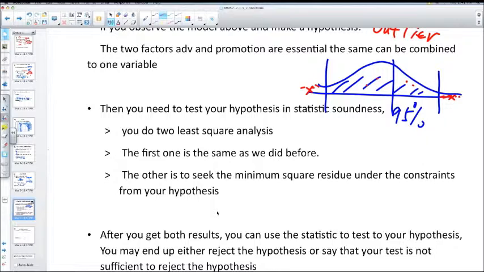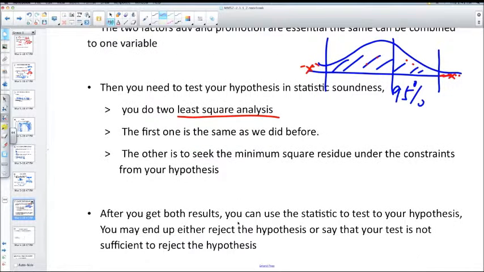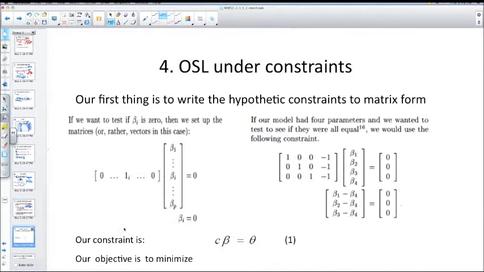This is, again, another application of the least square analysis, and also another application of Lagrange's method. Let's look at an example. In the example, I can make a little hypothesis.